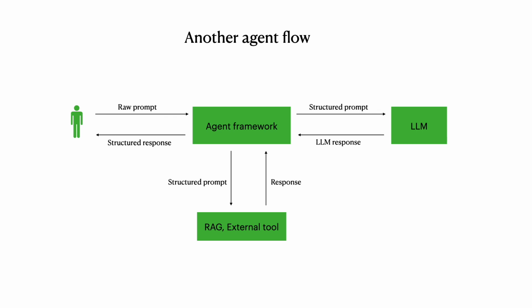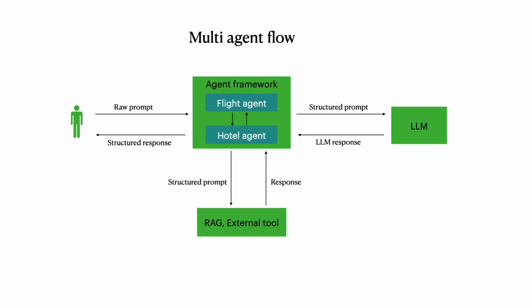Okay, so let's go with another scenario, the multi-agent flow. So here you can see the agent framework gets extended. Here we have two agents, a flight agent and a hotel agent.